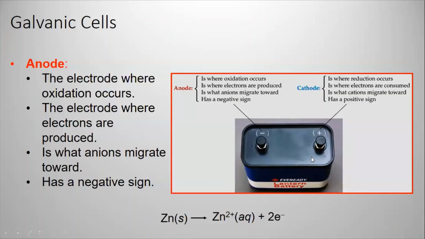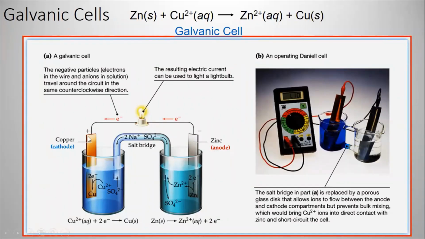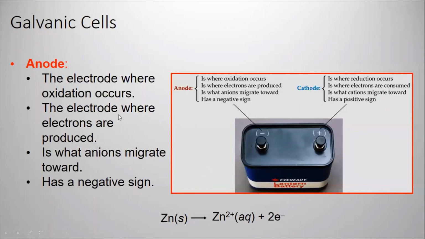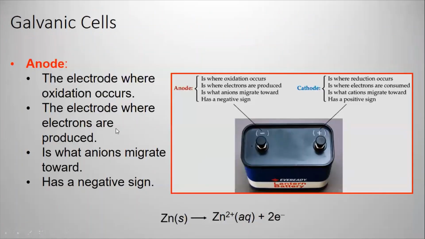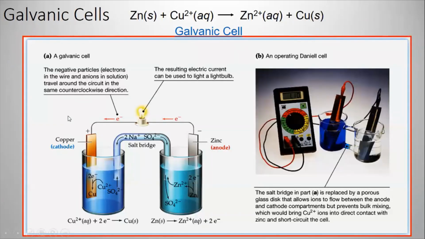So this is here to describe each of these, just break down each of these. So what is the anode? The anode is where oxidation occurs. So this is what happens at the anode, oxidation. It is where the electron is produced. As I said, this is the slide that I'm going to break down in the next few slides.